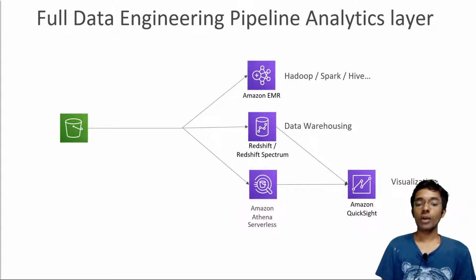And then you have Athena, which is going to be serverless for more sporadic queries and to query data directly in S3. As we have seen, QuickSight is for visualization, and you can integrate easily with Redshift or Athena to create dashboards, and then use Redshift or Athena as your internal query layer to get your data into the right form.